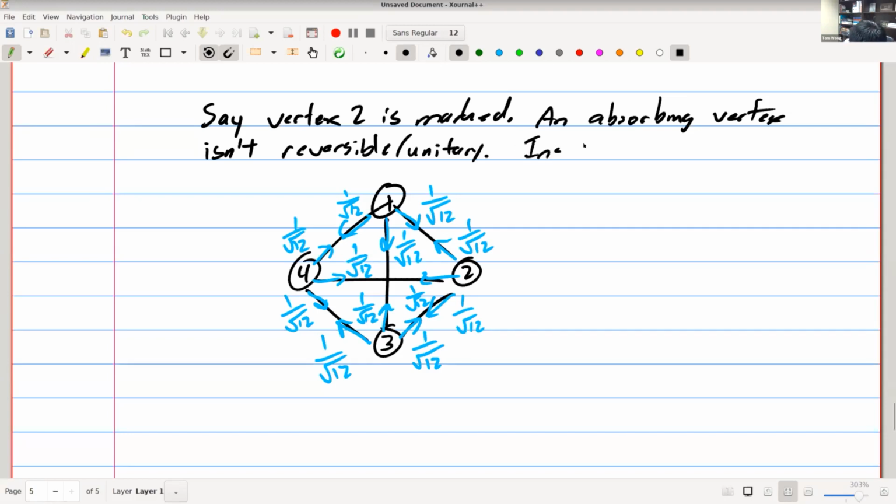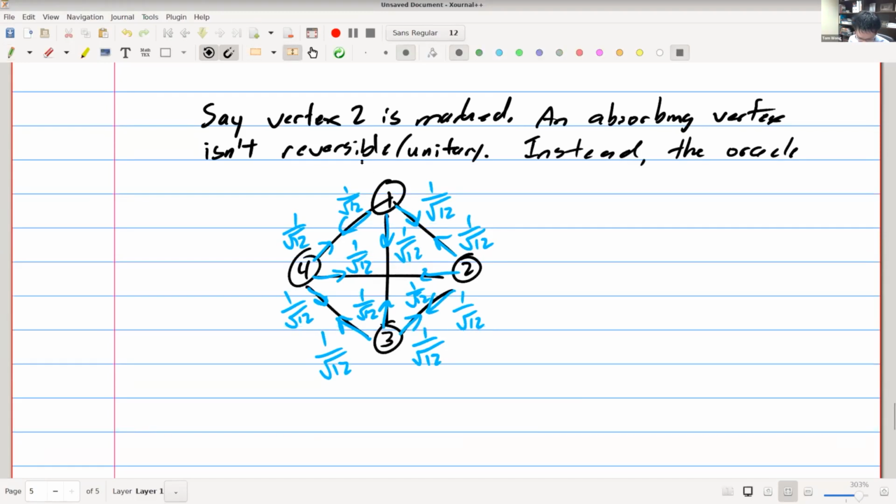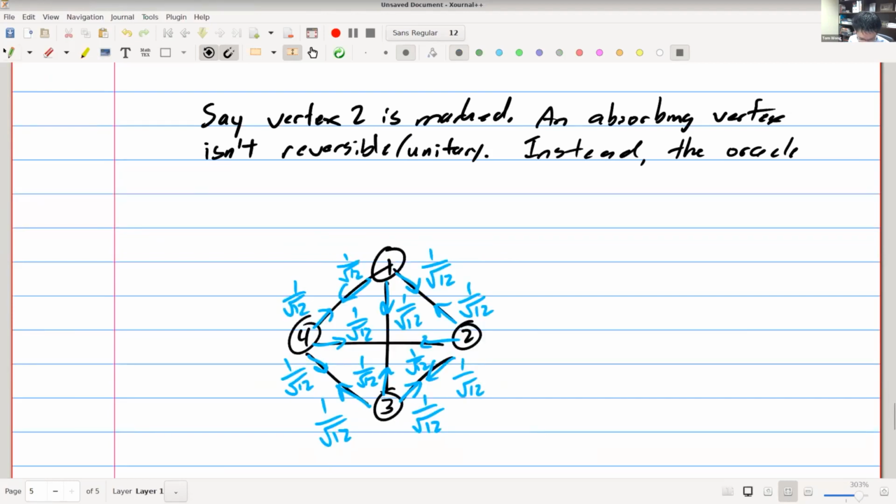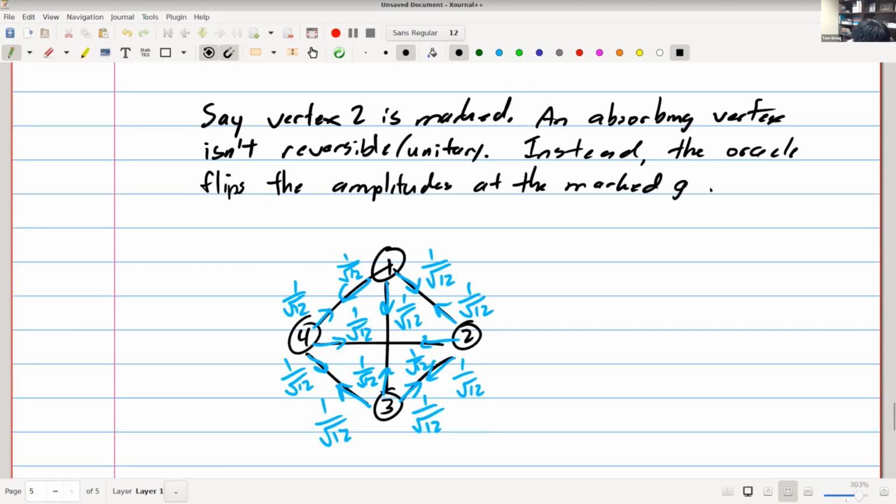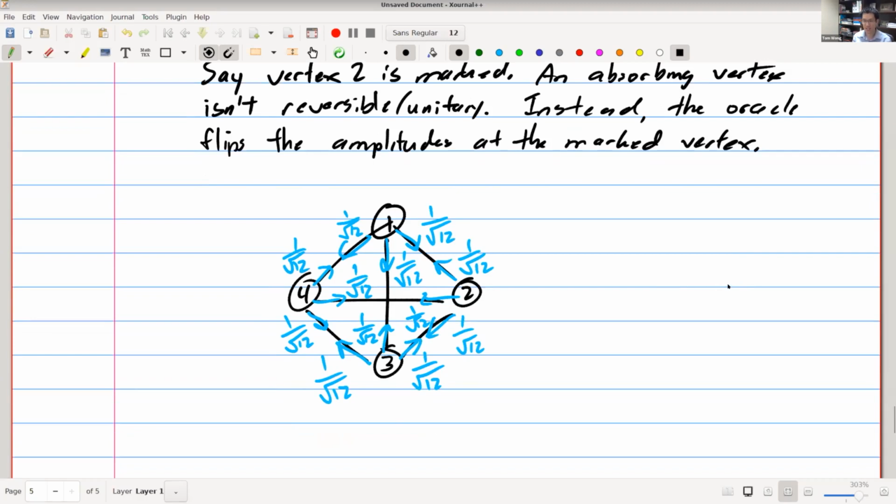So instead, the oracle flips the sign of the amplitudes at the marked vertex. If you're familiar with Grover's algorithm, this is the same thing that the oracle does in Grover's algorithm. It takes your marked state and makes it negative.